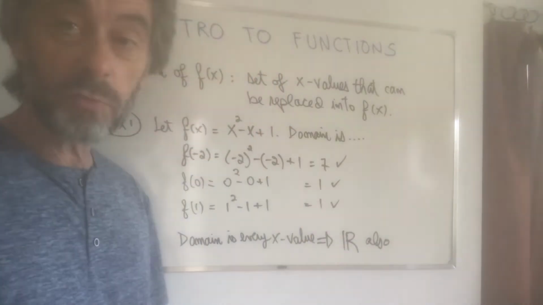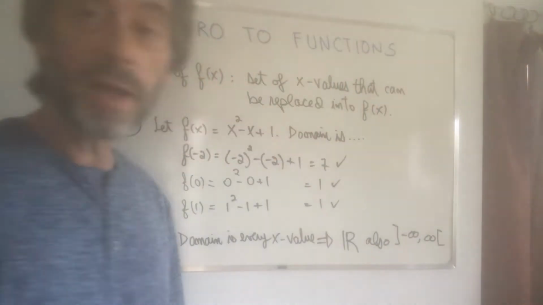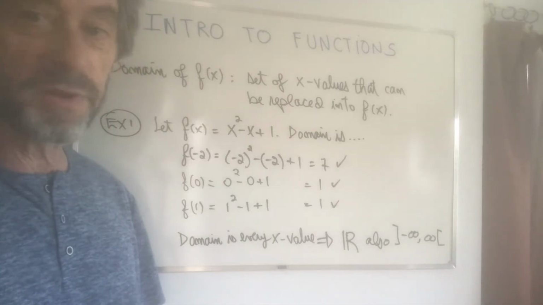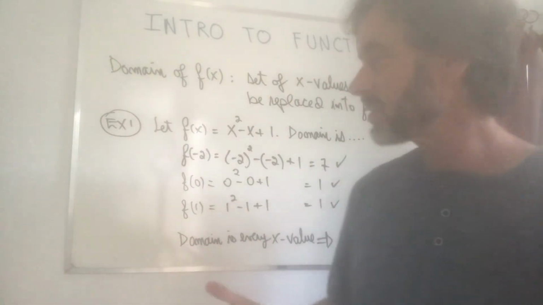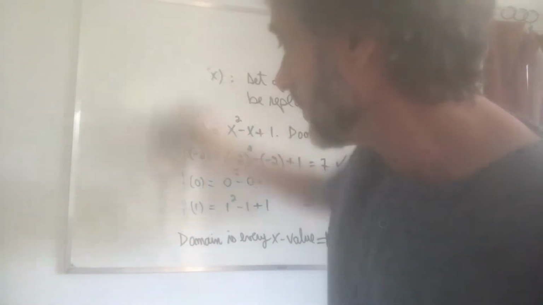We could also write it this way: minus infinity to infinity with open ends at both minus and positive infinity. Right, so that looks like a bit of a tedious way to look at domain, yes? I don't disagree with you if you think that this is tedious.